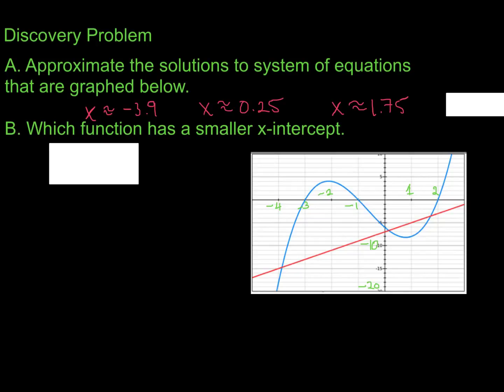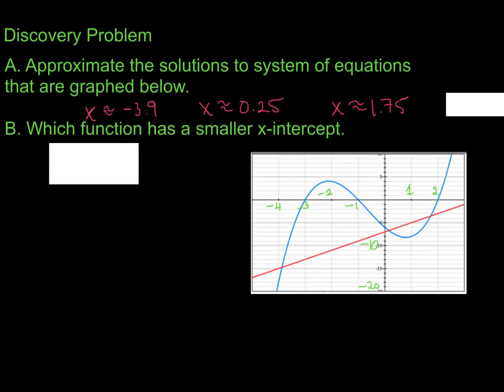However, when you look at a graphical representation, you'll want to quickly know what the solutions are going to be so that you can make decisions on the fly. Which function has a smaller x-intercept is actually a fairly easy question. X-intercepts, of course, are the roots of the functions, and we want to know which one has a smaller one, meaning which one has the x-intercept that has the smallest absolute value.